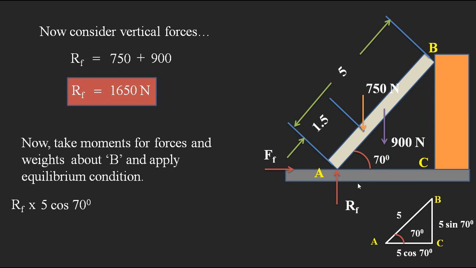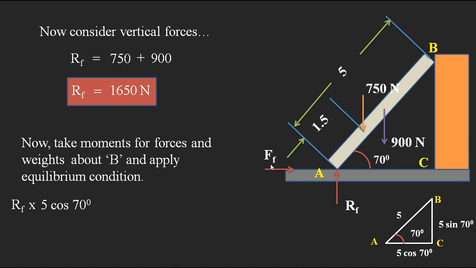RF is clockwise, and FF and the 750 newtons and 900 newtons are causing anti-clockwise rotation. So the clockwise moment is equal to the anti-clockwise moment. RF is causing clockwise and these remaining three are causing anti-clockwise rotation.